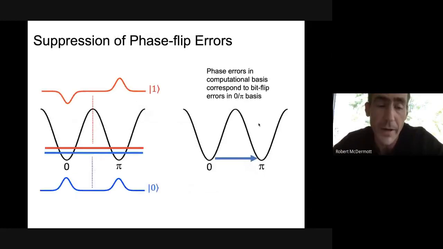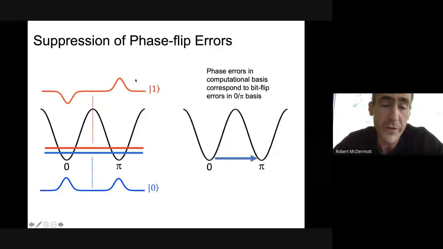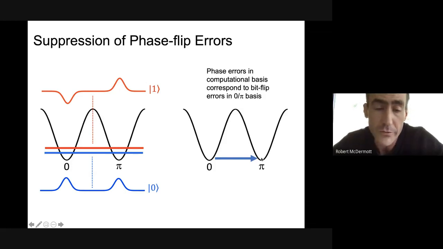So let's talk about how such a circuit can achieve simultaneous protection against both phase flips and bit flips. Phase flips for these logical states are going to correspond to bit flips in the 0 pi basis. And so that means we're talking about tunneling events between the 0 and pi wells of this pi periodic potential.